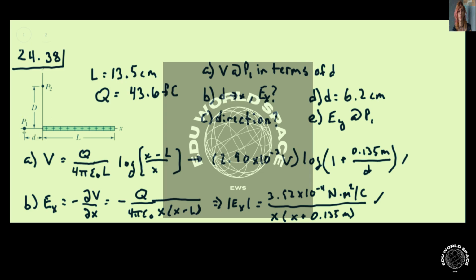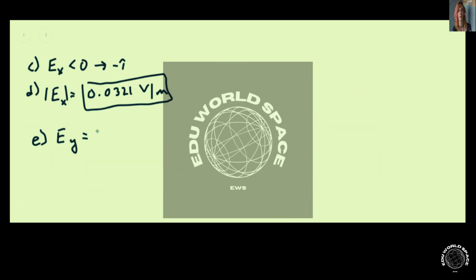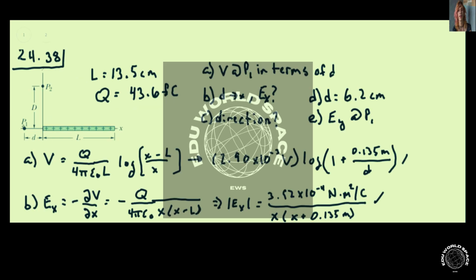And so if you change the direction of something and it doesn't change, it has to be 0. So basically, since there's no asymmetry in y with respect to here, then the electric field at this point can't have any y component.